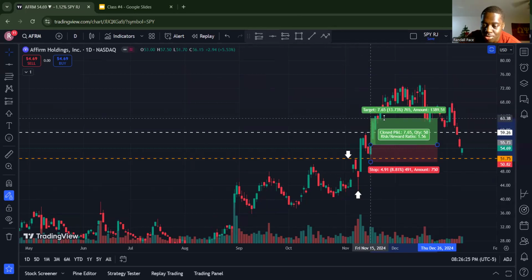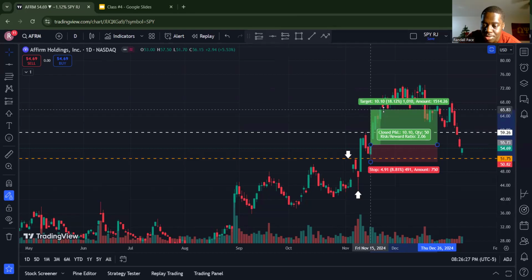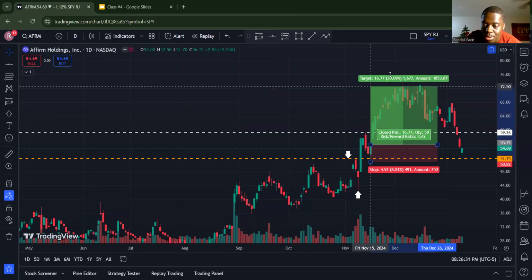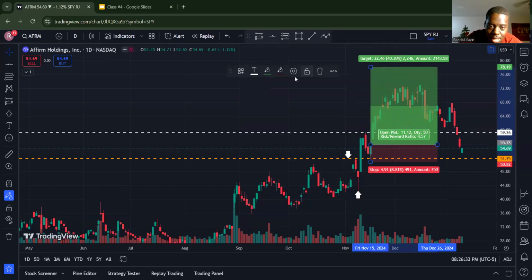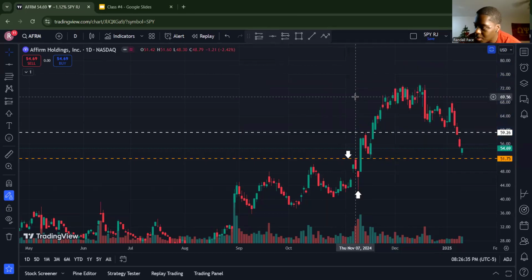So you would have to either stretch out your risk reward higher here, or what concept have we talked about that can tell you how far something can go? Now we start to put these pillars together.